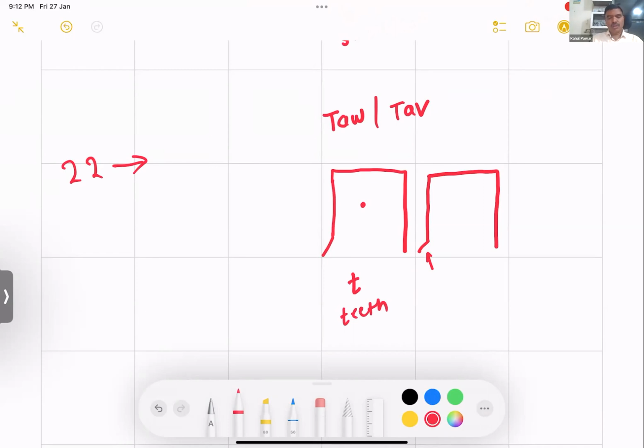When there is no dot, under T there is a horizontal line over there, and it gives a TH sound, as in theory.